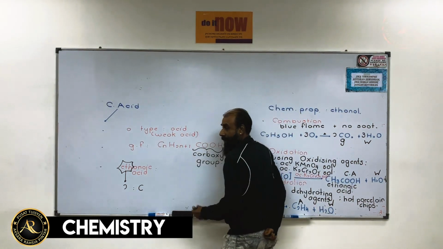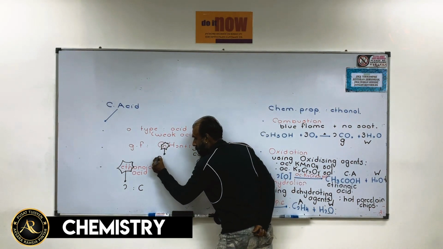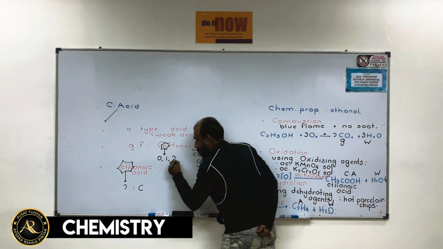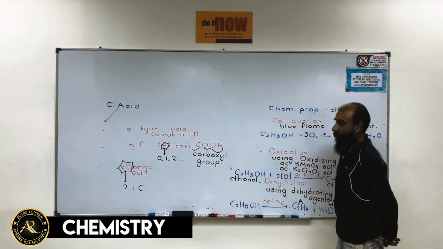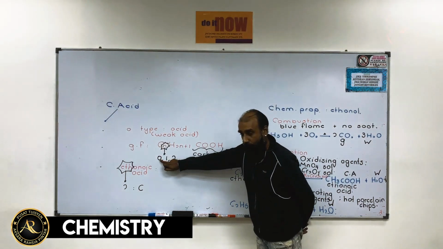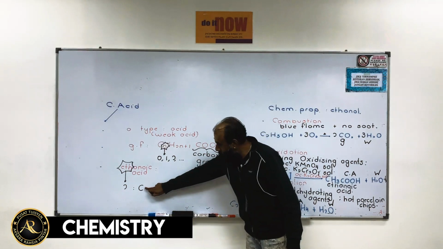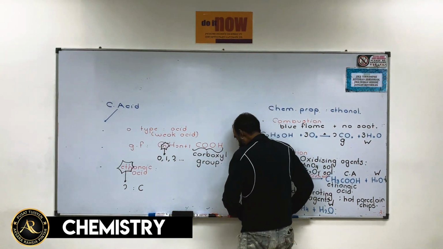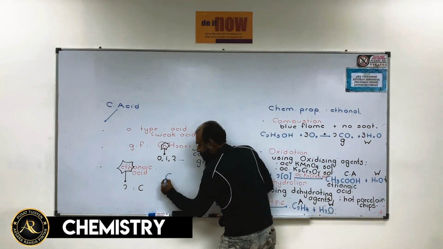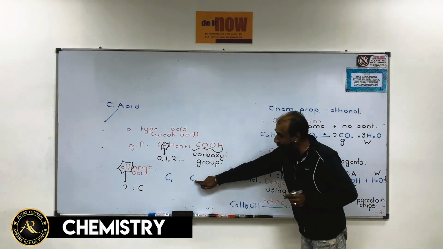Remember the formula: n begins with 0, 1, 2 onwards. The first carbon in front begins with 0. For ethanoic acid, how many carbons? 2 carbons. That means the first carbon is 1, and the back already has a carbon.